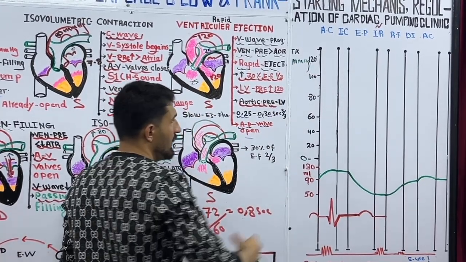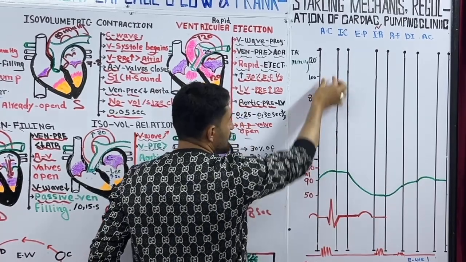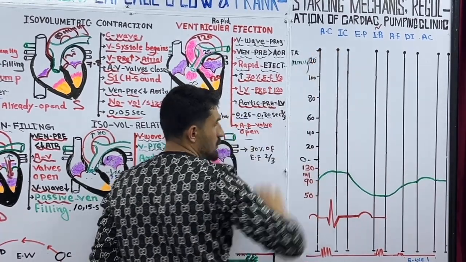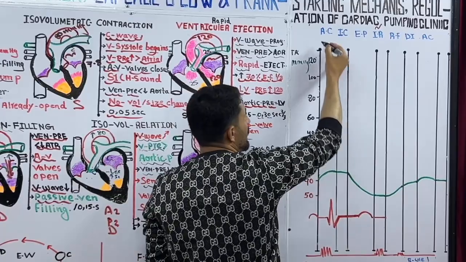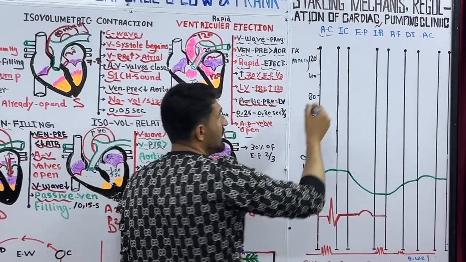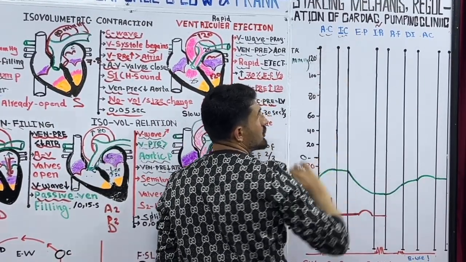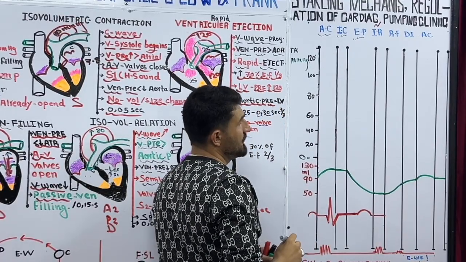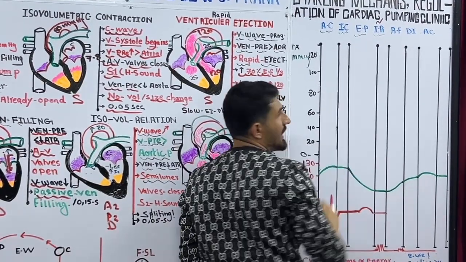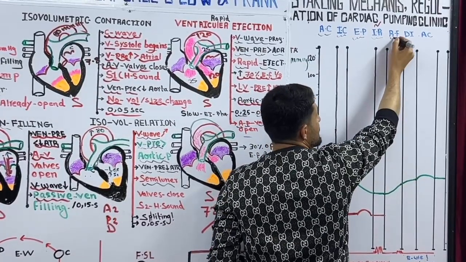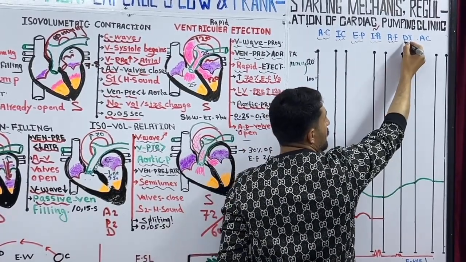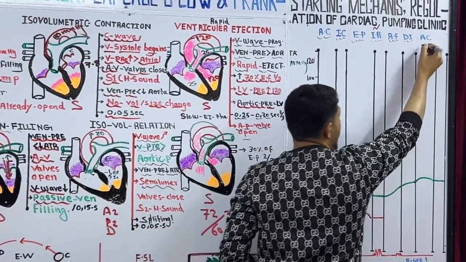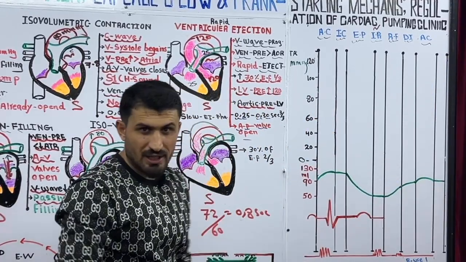Got it? Here these are the phases. This is the atrial contraction phase, which is the first phase of the cardiac cycle. Then the isovolumic contraction phase, ejection phase, isovolumic relaxation phase, rapid filling phase, slow filling or diastasis phase, and again the atrial contraction phase.